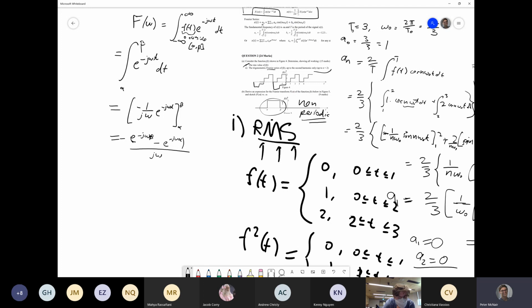Yeah, so you might see in the answers that there's a complicated expression involving the sinc function. Essentially what that does is we pull out a common factor of e to the minus j omega, alpha plus beta on 2.